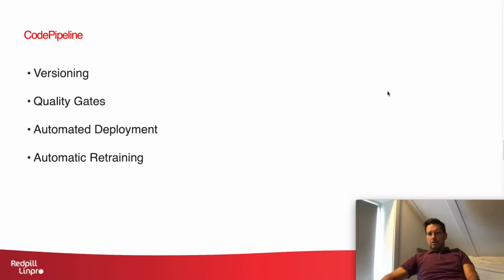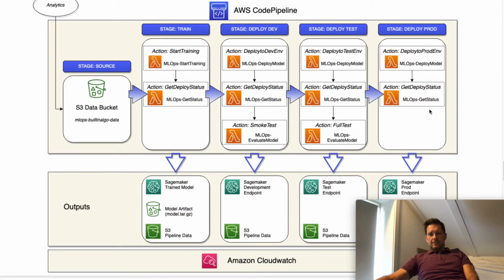So that was some theory behind this. Now, this diagram is the pipeline that we are going to try to set out in life. It shows the environment and flow of the pipeline that we're going to look at.